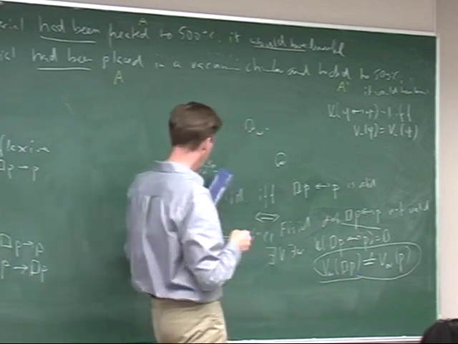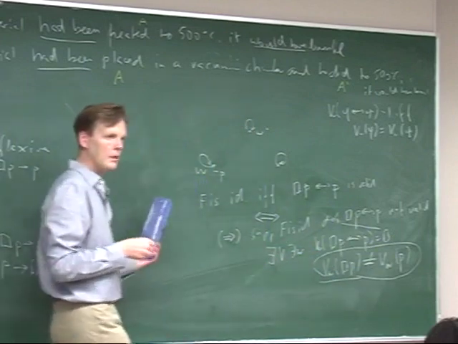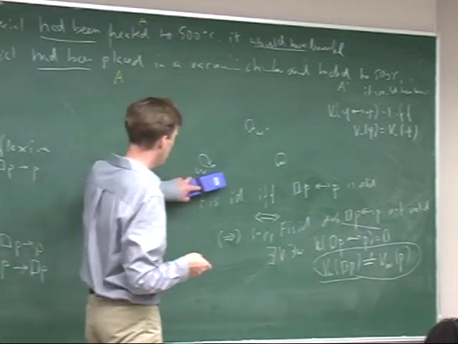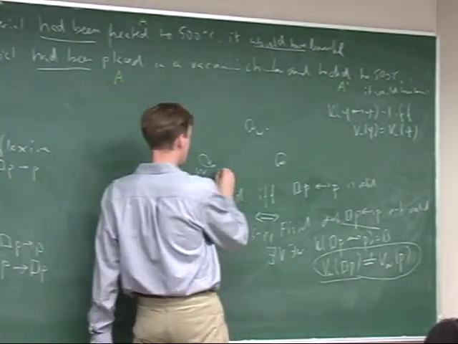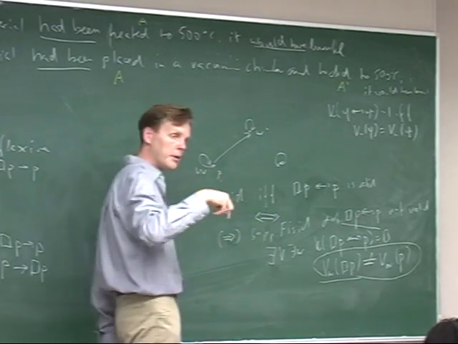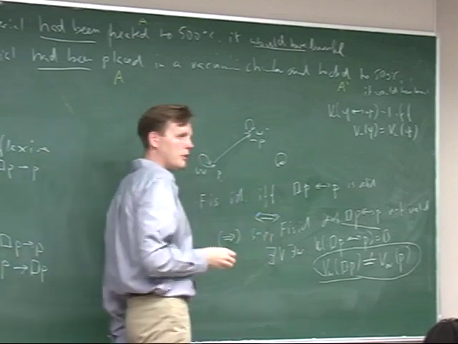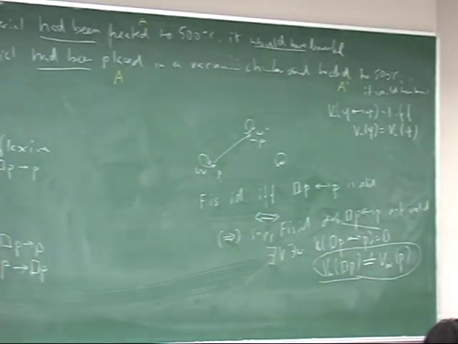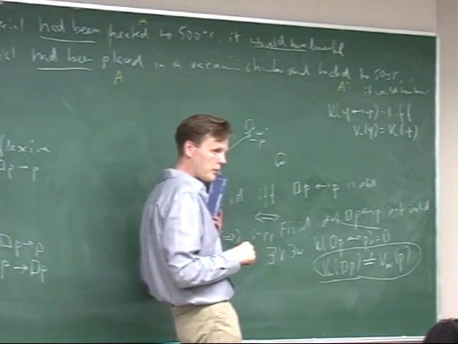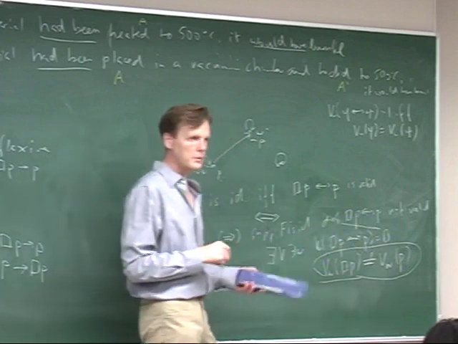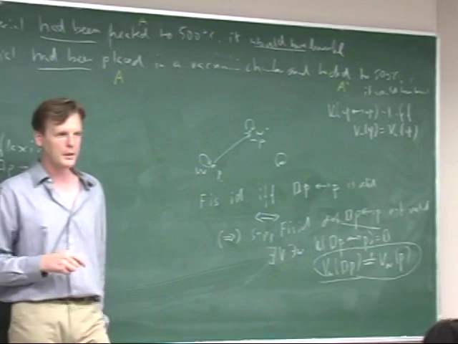So necessarily P has to be false for some other reason. Perhaps P is true here, and necessarily P is false there. Now we have necessarily P false and P true, but this contradicts our assumption that the frame is an identity frame.